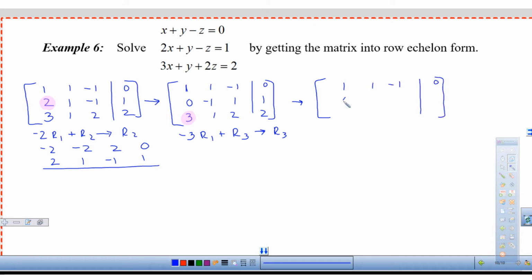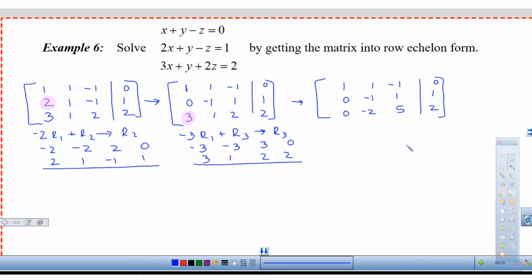Row 2 is not going to change. Take a -3 across the top and you have -3, -3, 3, 0. Write your row 3 right underneath it. Okay? Then you add them together and you get 0, -2, 5, and 2.